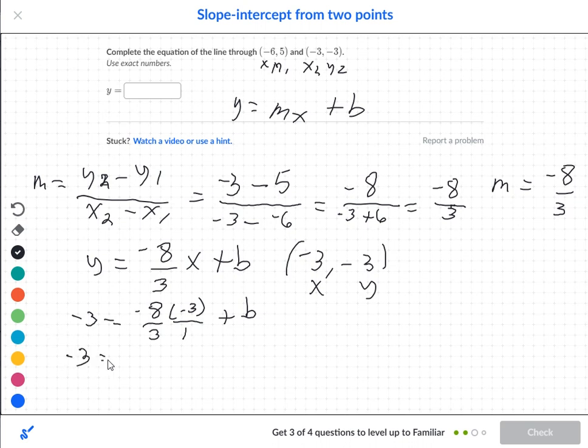Negative 3. Negative 8 times negative 3 is positive 24 over 3 plus b. So what we get is a negative 3 is equal to 8 plus b. So that's what we have to solve.